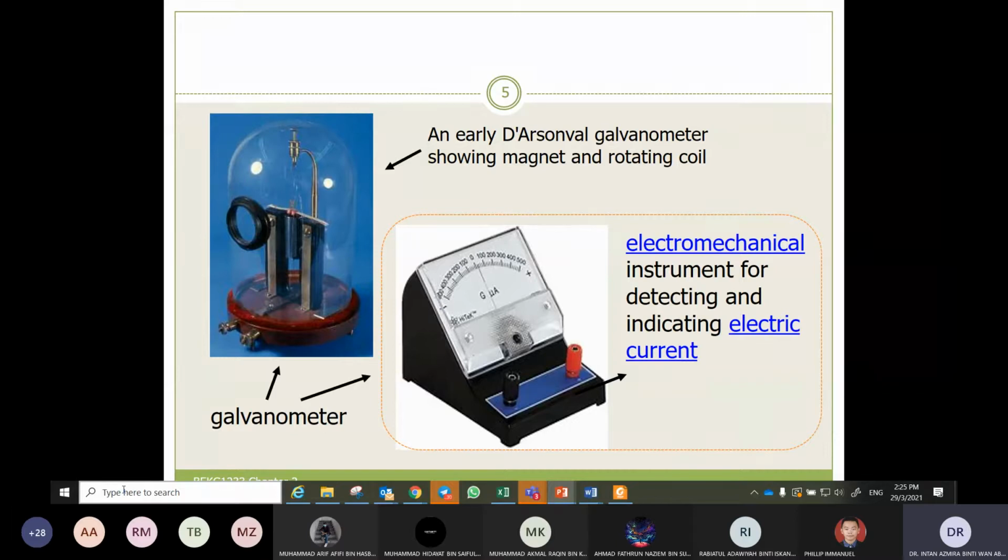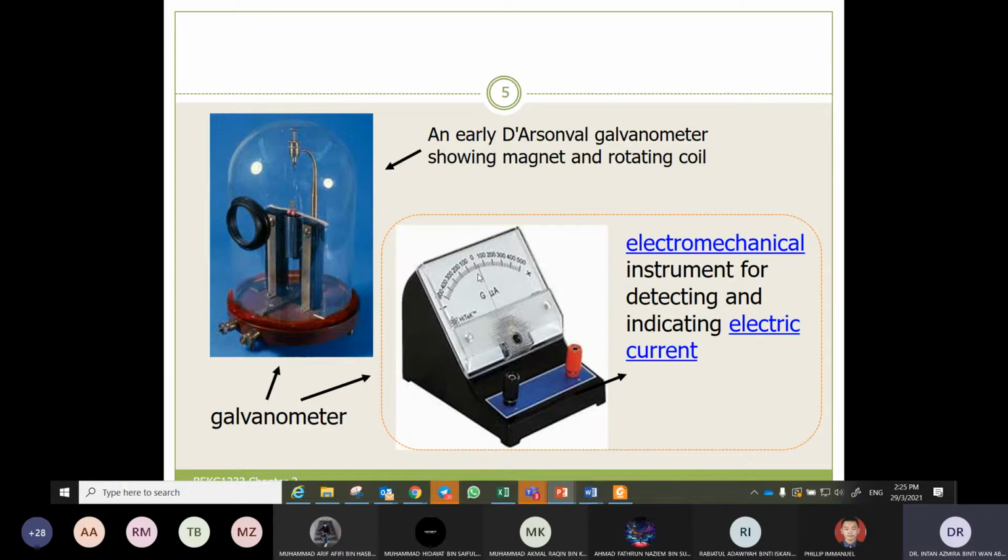As I mentioned to you last week or last 2 weeks, a galvanometer detects or indicates electric current, small electric current. So the middle scale is 0. If the circuit is balanced, the needle indicates 0, meaning 0 current.